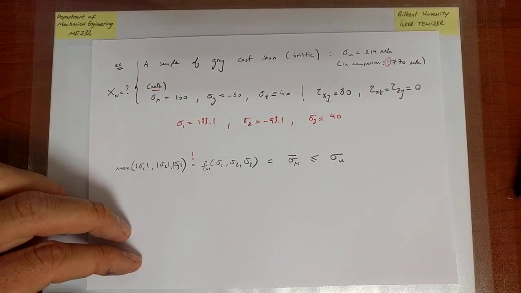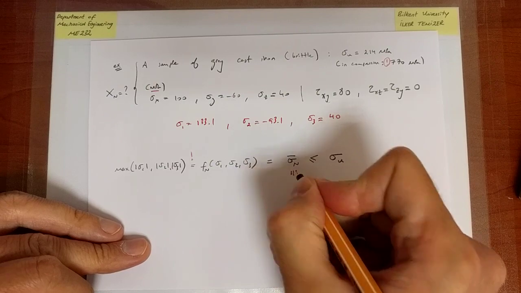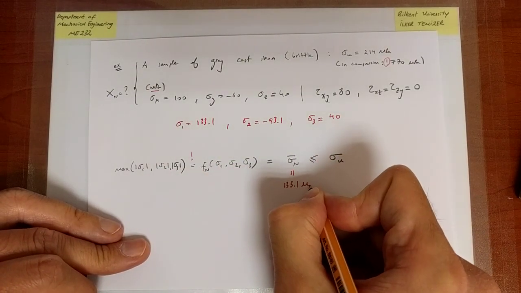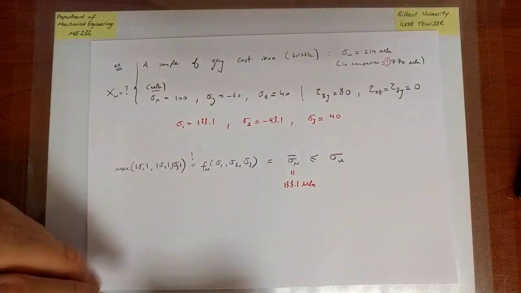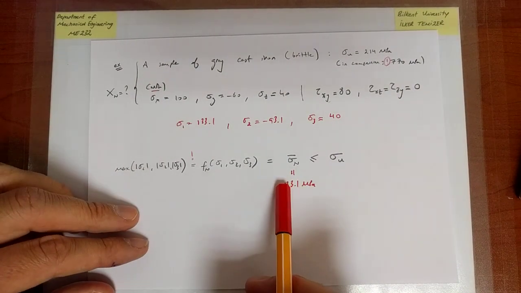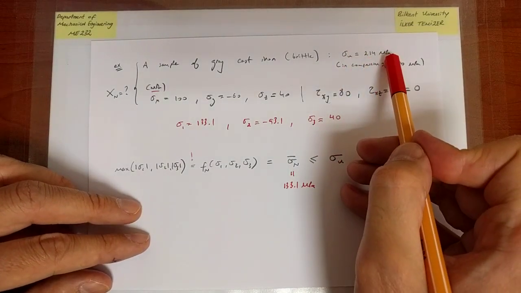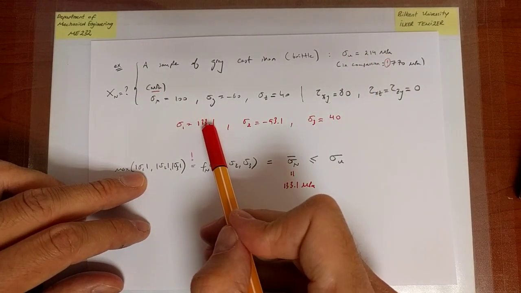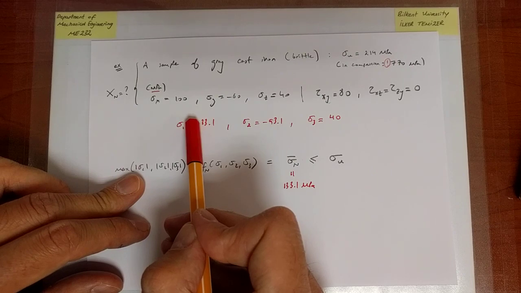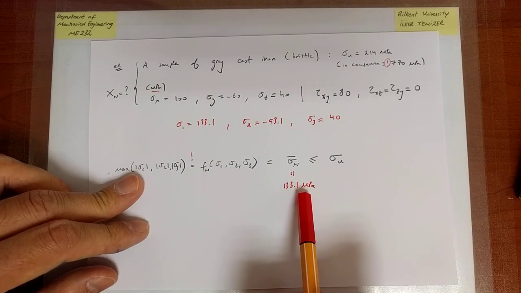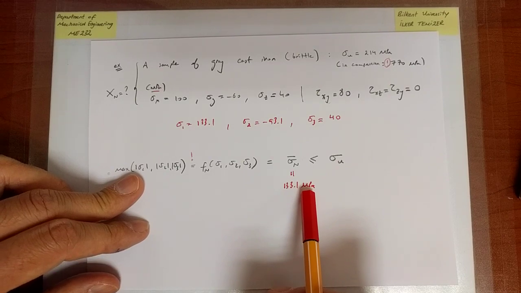So presently, you can easily see that the maximum value is 133.1 MPa. And that value I know is actually tensile, so I'm taking the largest absolute value. This could have been negative 133.1, and then the effective normal stress would again be plus 133.1.